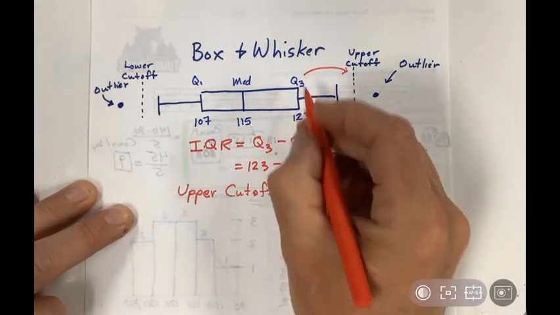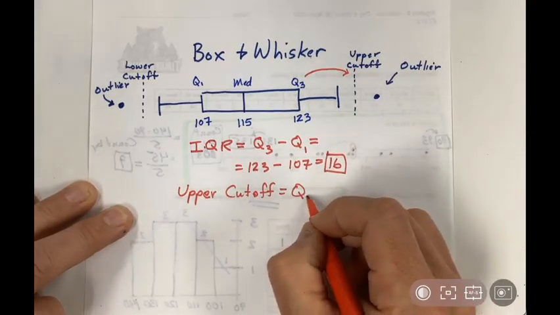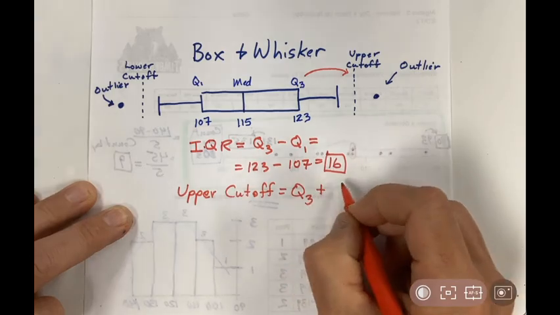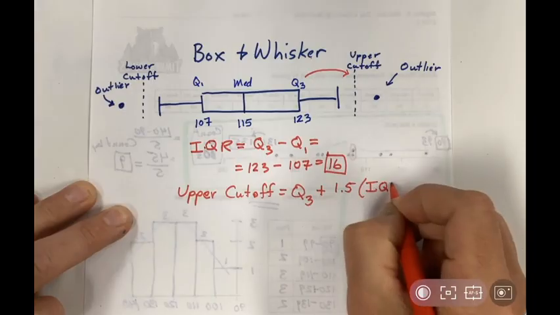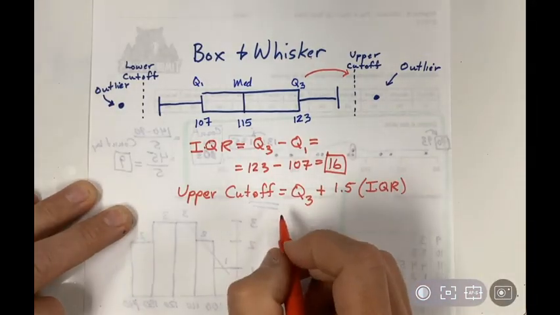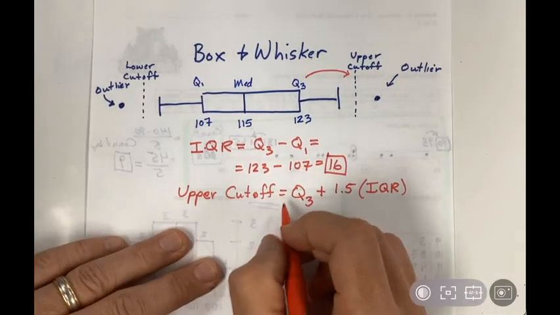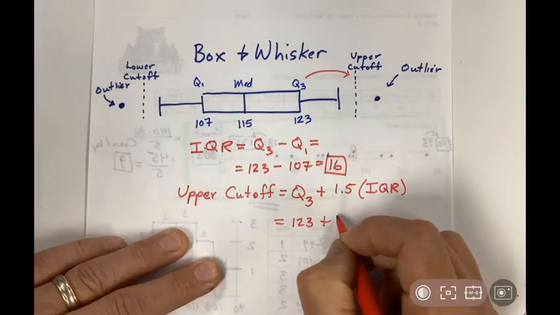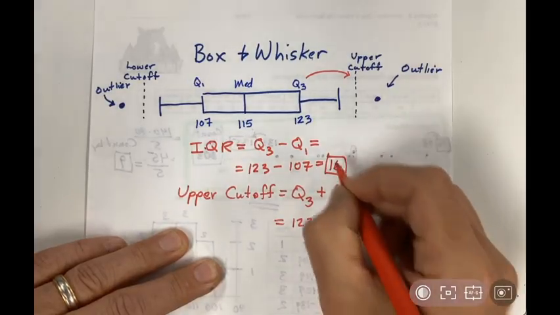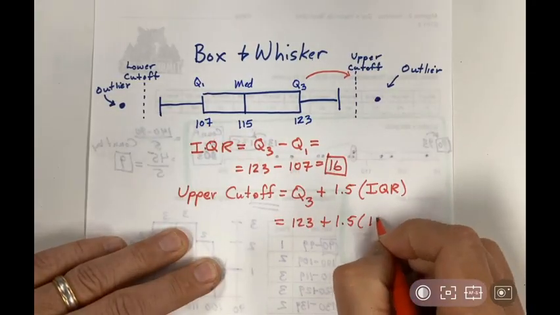You're going to take the Q3, and we're going to add 1.5 of these boxes to the right. So you're going to go plus 1.5 times the IQR, like this. So if I were to do that with numbers, for this upper cutoff spot where things become outliers, I would take Q3 of 123, and I would add 1.5 times that distance of how wide the box is, which is 16.